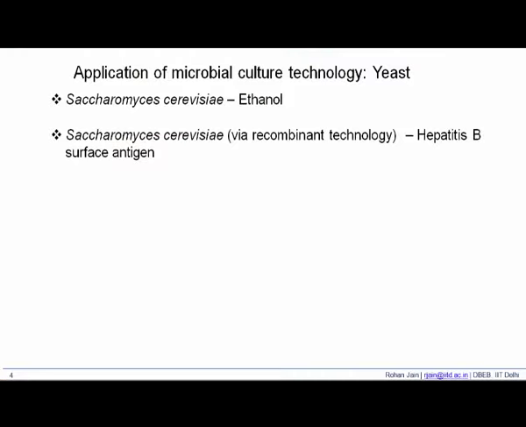This is a very well established industrial process, and it has been done by humans for a very long time. Then Saccharomyces cerevisiae via recombinant technology: we modify the genome of Saccharomyces cerevisiae and it can be used for production of hepatitis B surface antigen. So, this is for vaccination purposes.